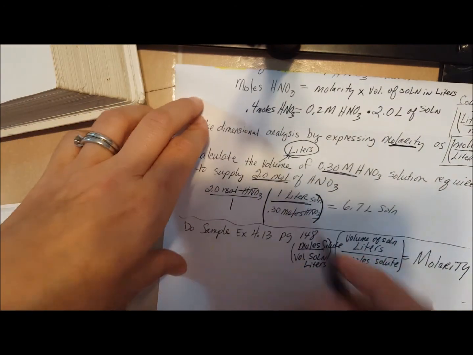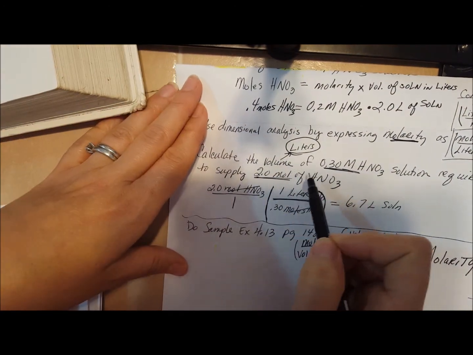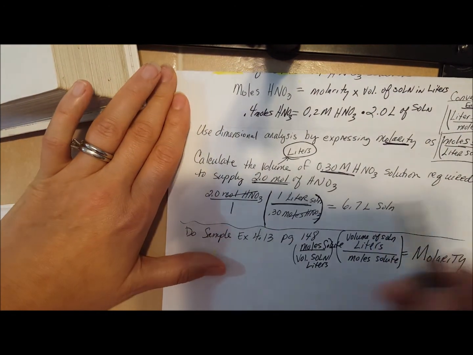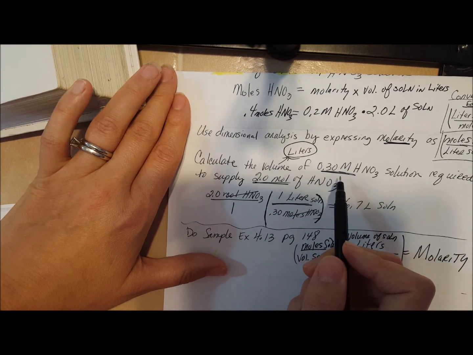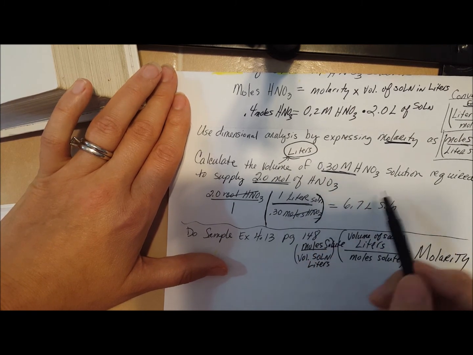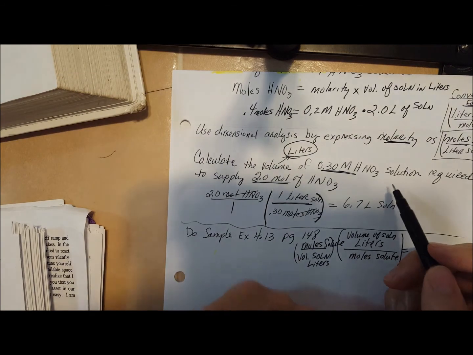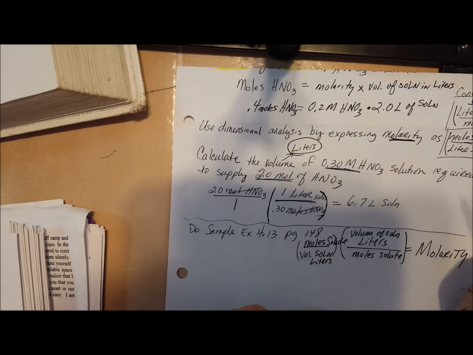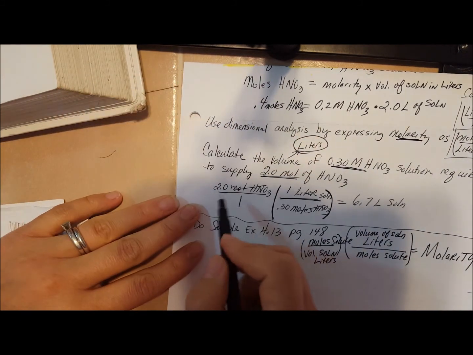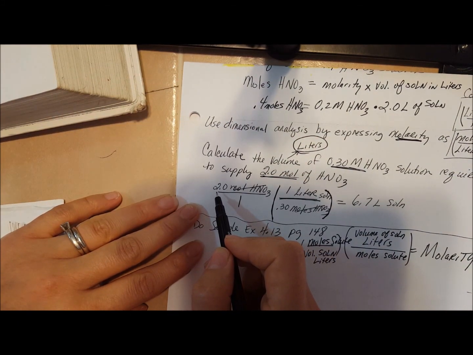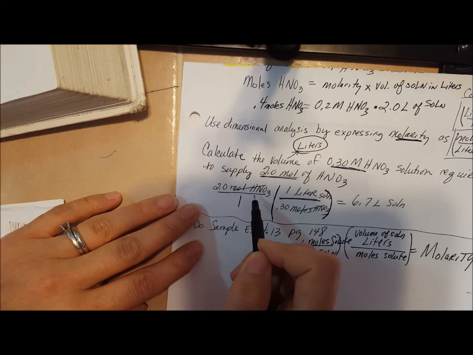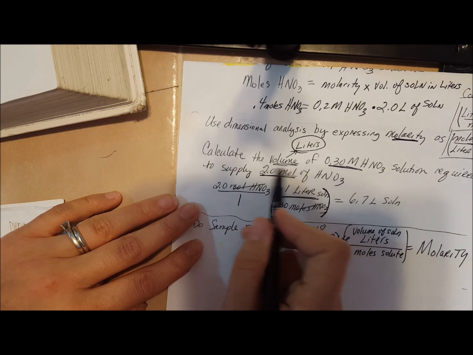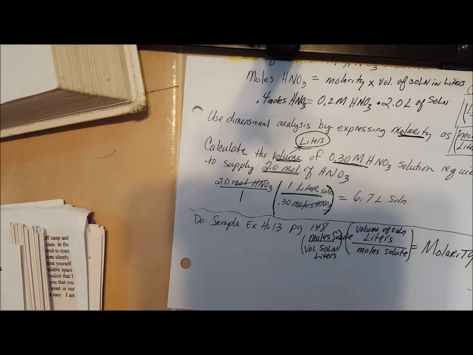All right, so now let's do this. Calculate the volume of 0.30 molarity of HNO3 solution required to supply 2 moles of HNO3. So with dimensional analysis, you're going to start with what you know. You have 2 moles of HNO3, and your unknown is your volume in liters.